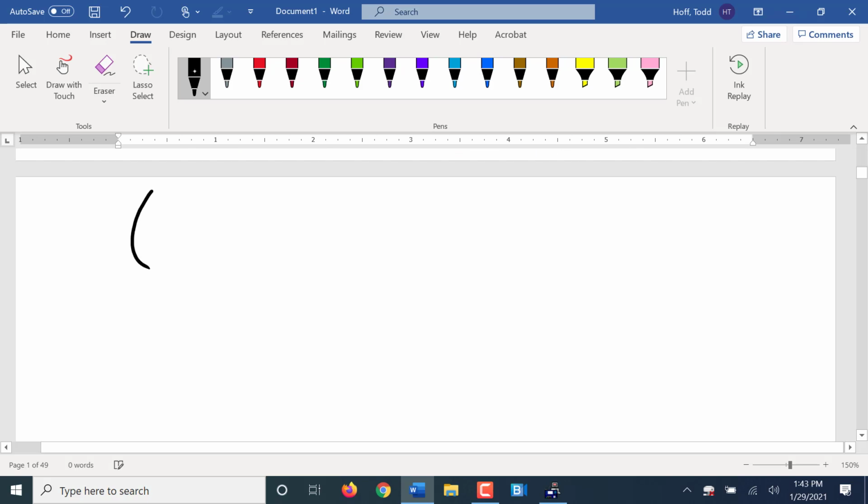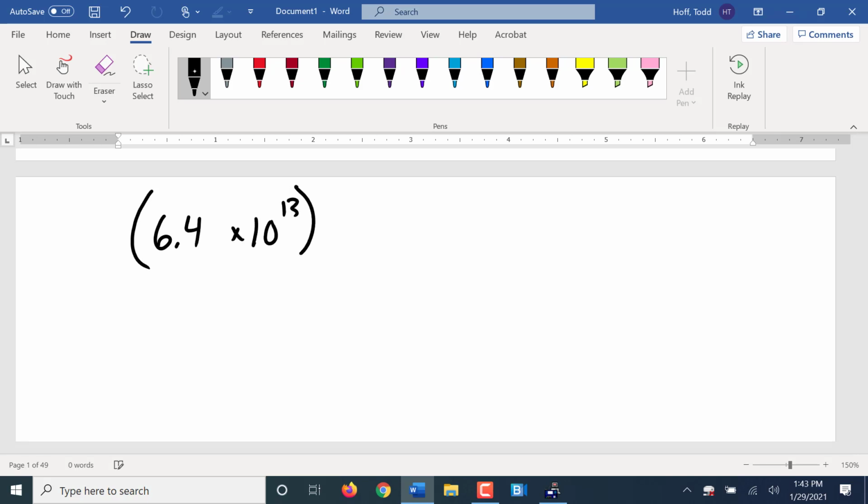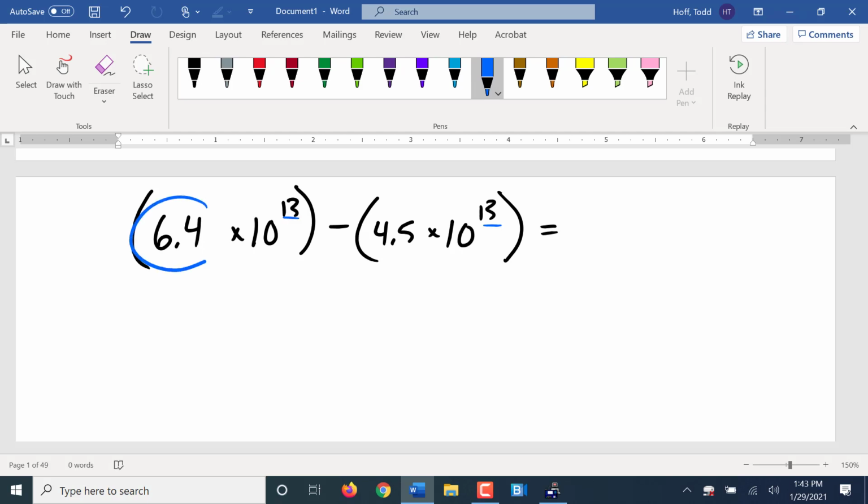When we subtract, of course, we still have to have the same name. So I have 6.4 times 10 to the 13th minus 4.5 times 10 to the 13th. We have the same name, both are 10 to the 13th, so we subtract. 6.4 minus 4.5 is 1.9, there we go, times 10 to the 13th.